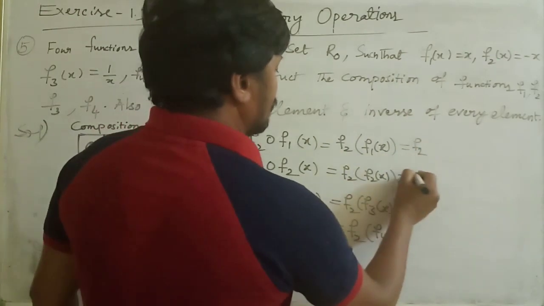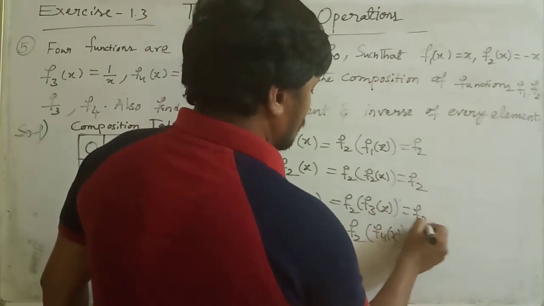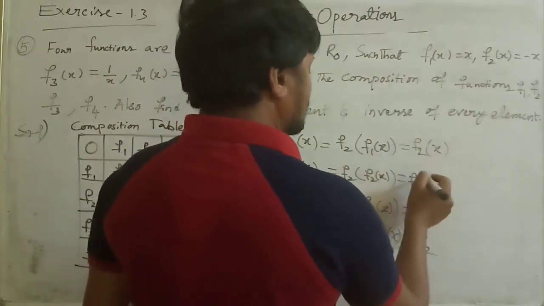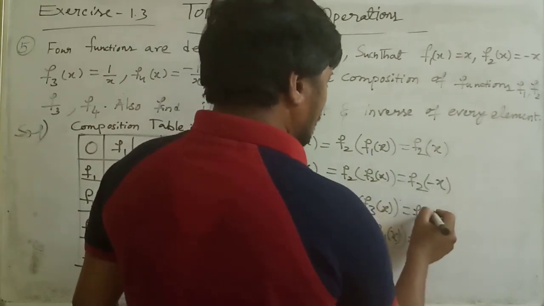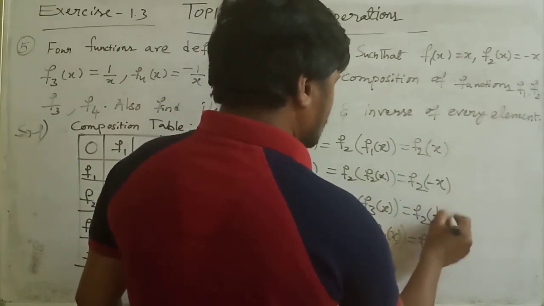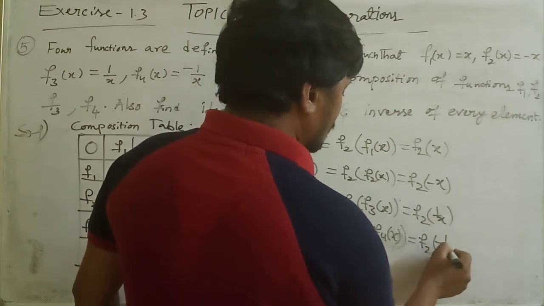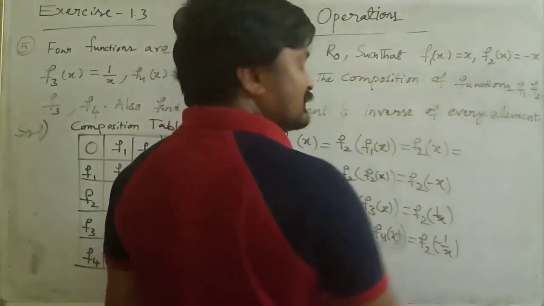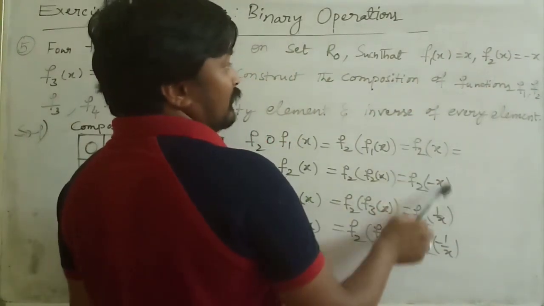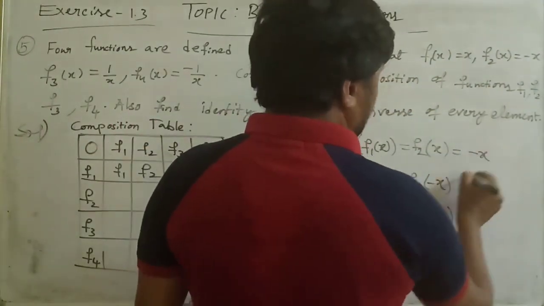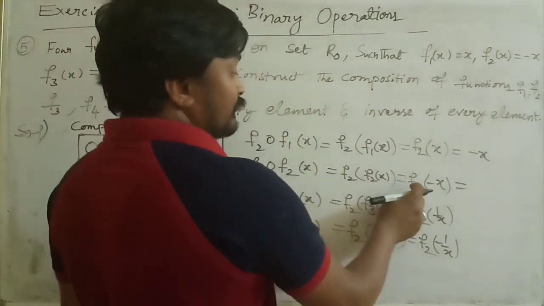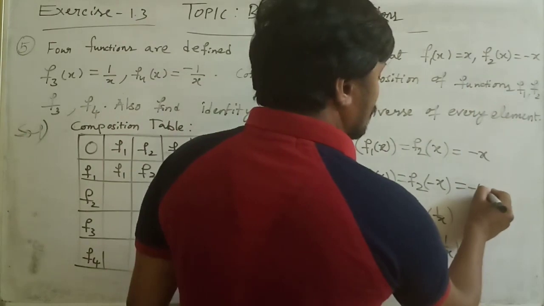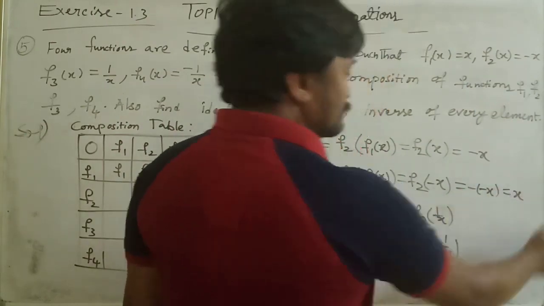So f2 of f1 of x is f2 of x, that is minus x; f2 of f2 of x is f2 of minus x, that is minus of minus x, which is plus x.